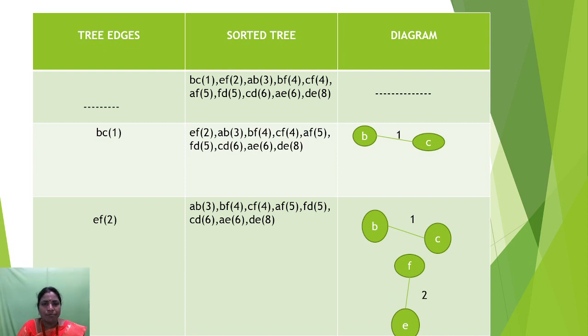So I move from the sorted tree to the tree edges, next row. The rest of the elements, AB weightage 3, BF weightage 4, CF weightage 4, AF weightage 5, are all placed in the middle. Now you come to the diagram section. Already we drew BC with weightage 1.